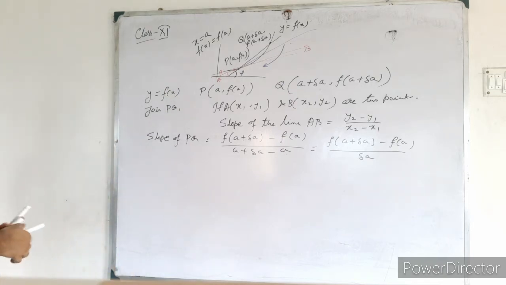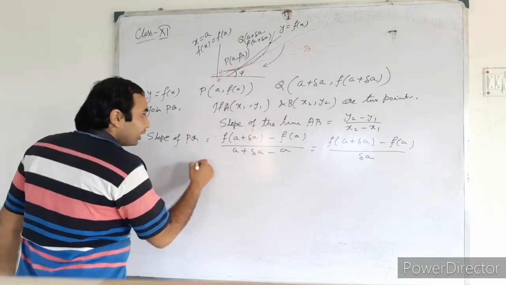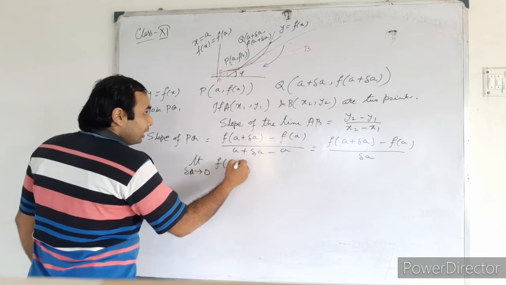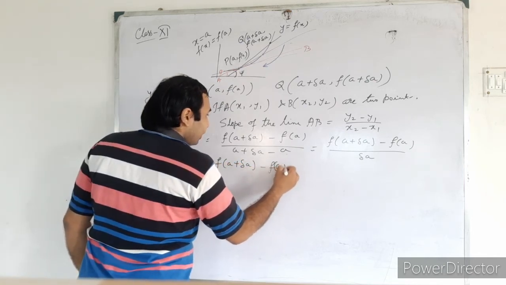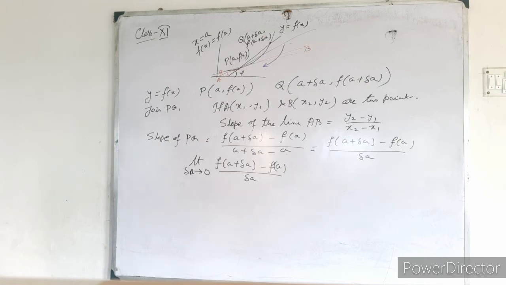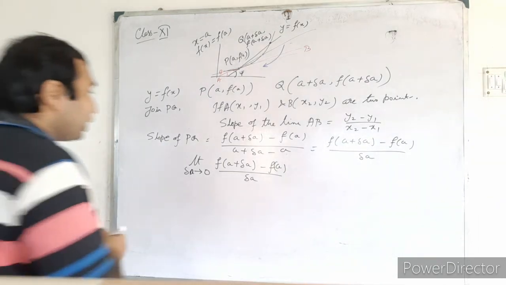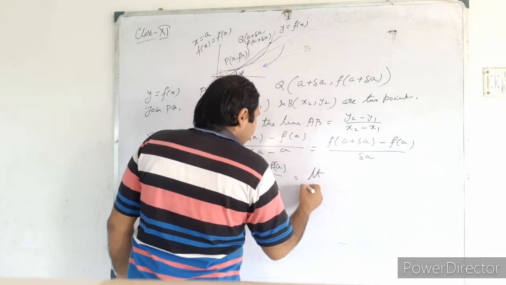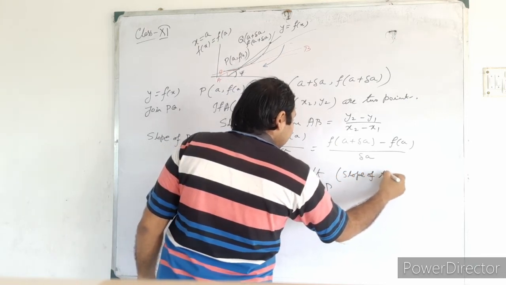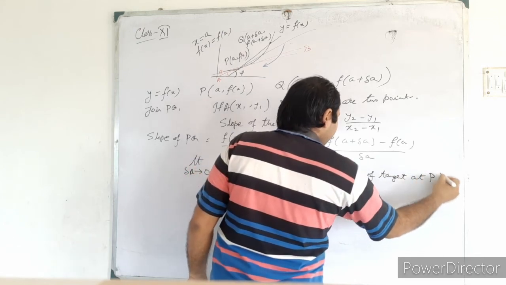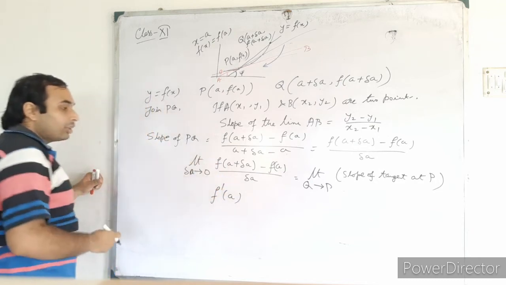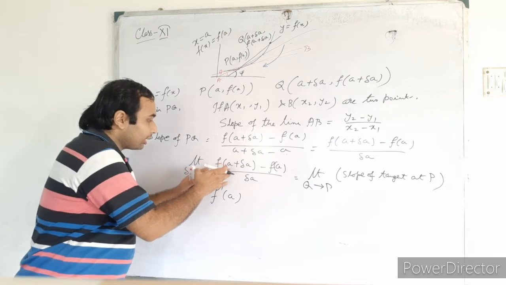That means, if we take the limit del a tends to 0 of [f(a plus del a) minus f(a)] by del a, we can write it as the limit Q tends to P of the slope of the tangent at P. That means we can finally say that this is f dash a, which can be taken as df by da.